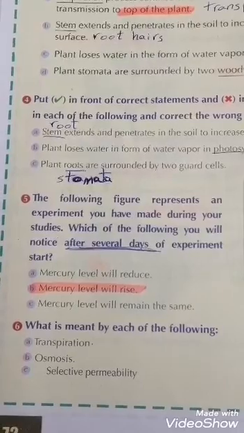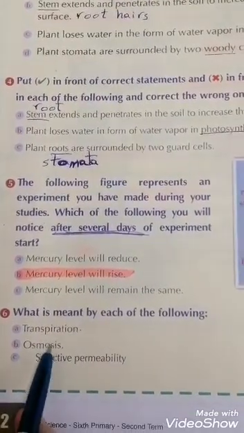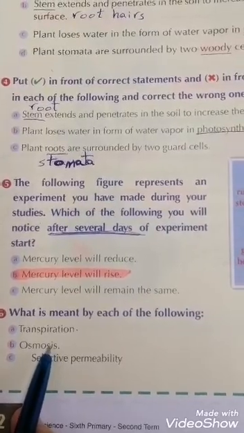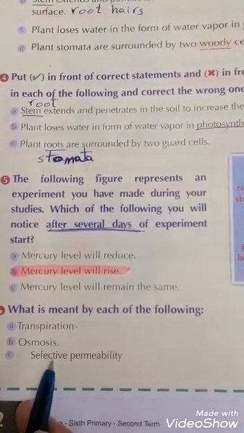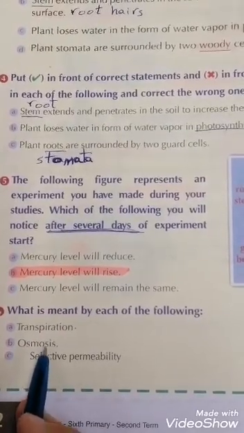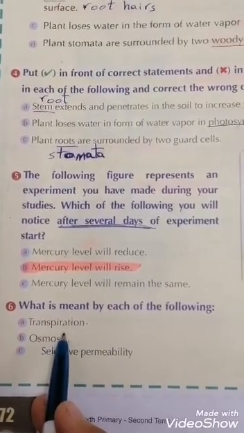Next question. What is meant by transpiration? It is the process in which the plant loses the excess water and salts in the form of water vapor through stomata, which are surrounded by two guard cells.